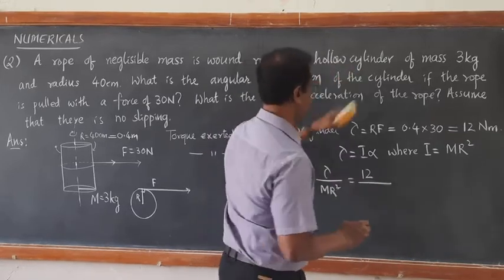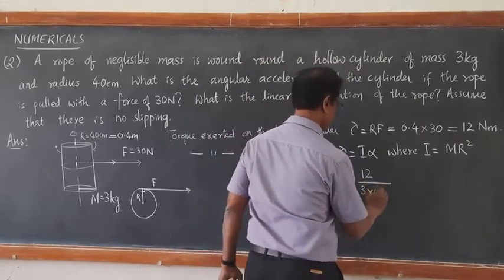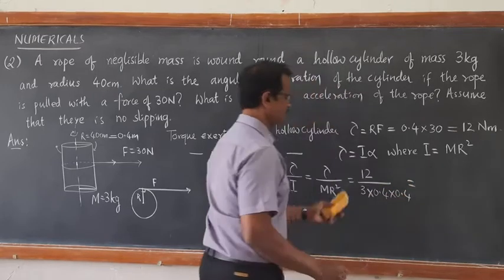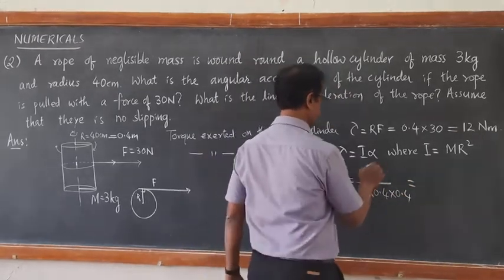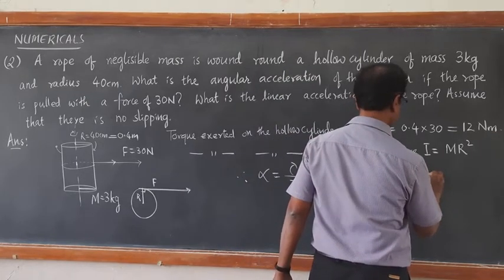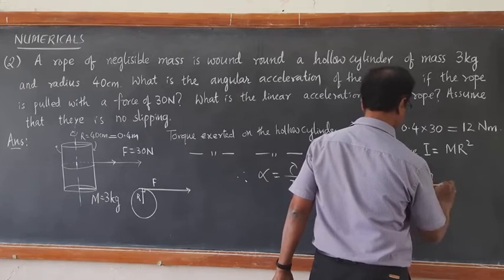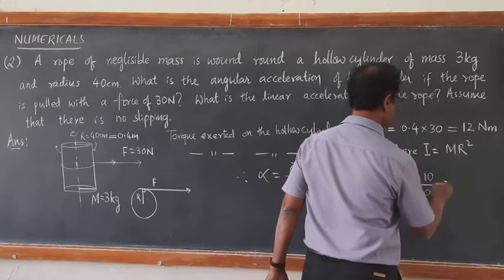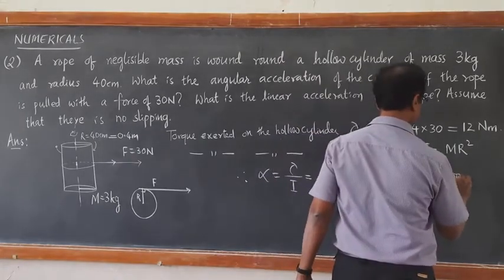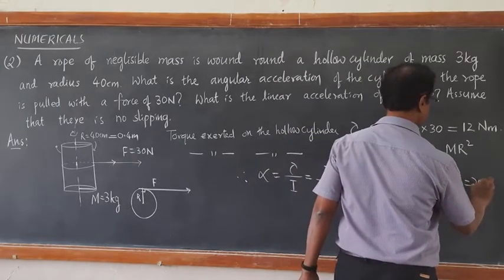The mass of the cylinder is 3 kg into 0.4 into 0.4. If you cancel it, 3 ones are 3, 3 fours are 12, so it becomes 12 over 1.2... 40 divided by 4 becomes 10. 10 divided by 0.4 becomes 100 divided by 4, which is equal to 25.